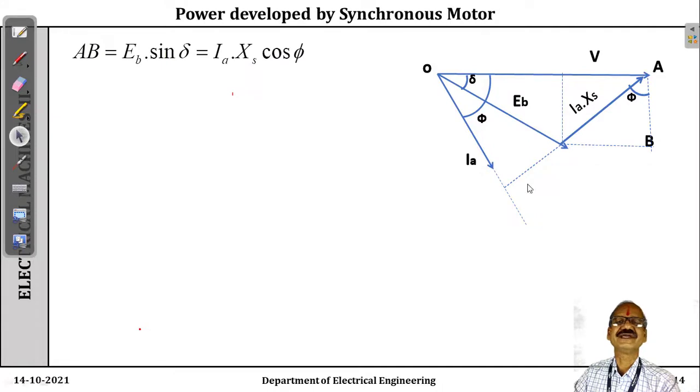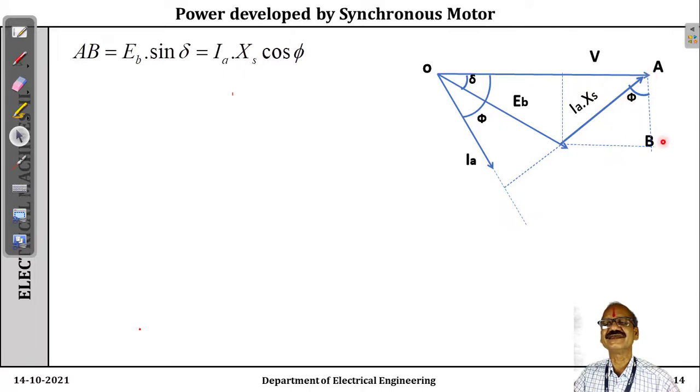Now pay attention here. Power developed by the synchronous motor. Here it is. See, this is V. I_A is drawn lagging the voltage by an angle φ. Draw the E_b making an angle δ, then I_A X_s is perpendicular to I_A, and in fact this arrow should be in this direction, and this angle is φ.